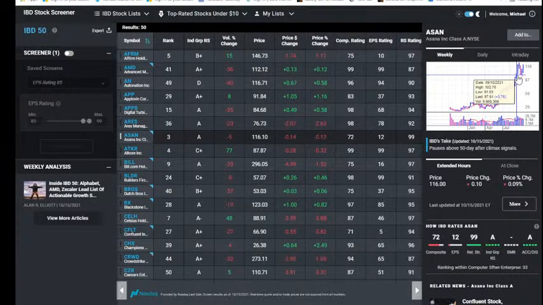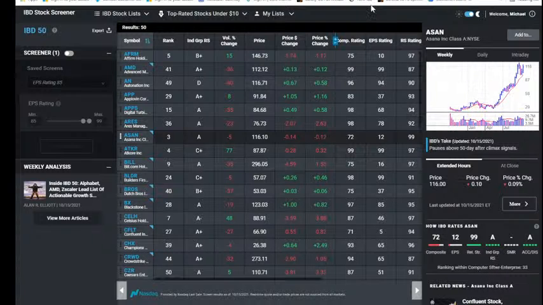You can look at this forming a nice flag base here. And then you can go right here, and this gives you the IBD rating. So the EPS is not great, composite's not great, but the individual group strength is good. So it's top 50 groups. This would be computer software enterprise.